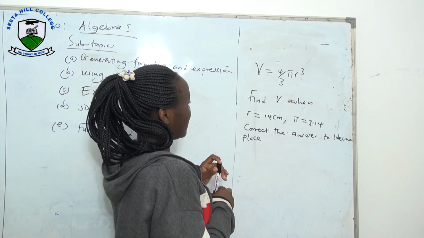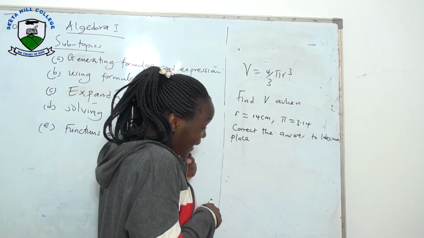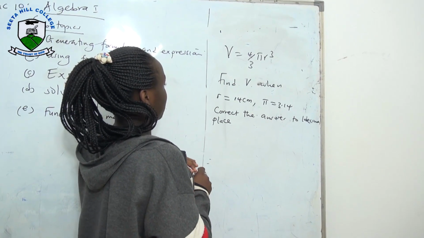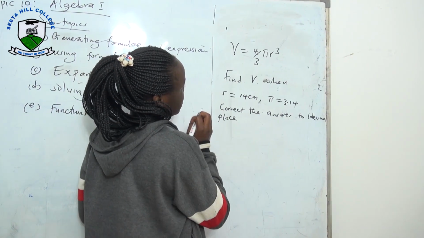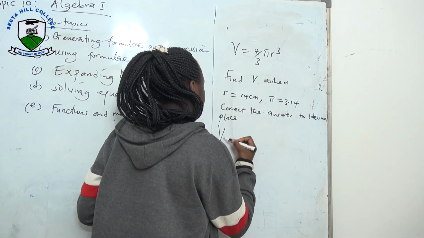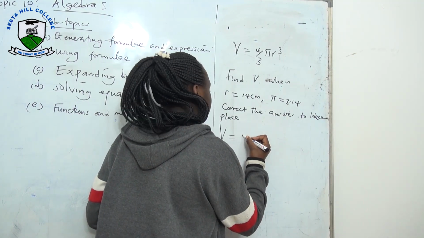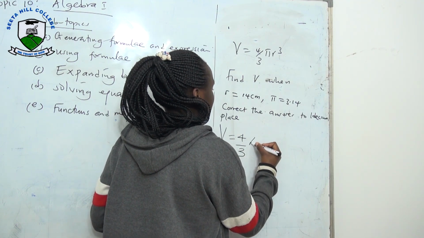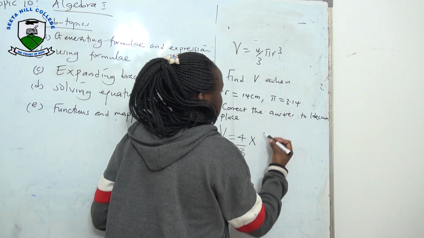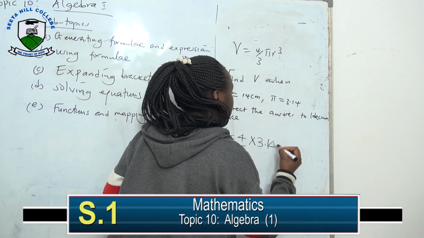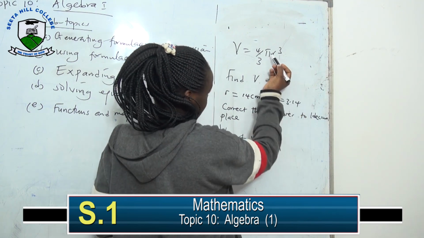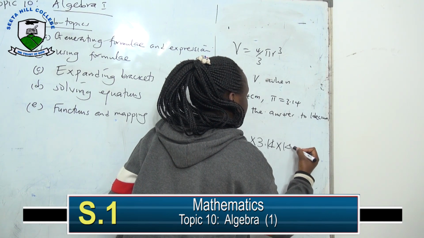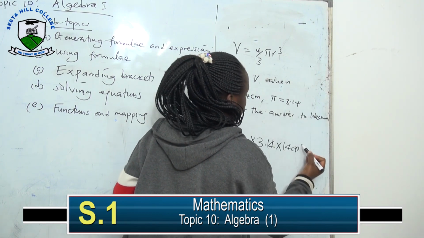They're asking us to find V when the radius is 14 centimeters, pi is 3.14. So we shall have to find V, the volume, which is equal to 4 out of 3 times the pi, which is 3.14. And then times, here is a hidden multiplication sign, the radius, which is 14 centimeters. And remember, it is cubed.